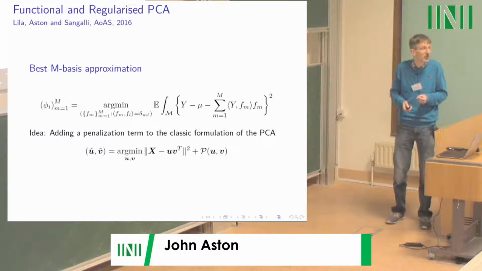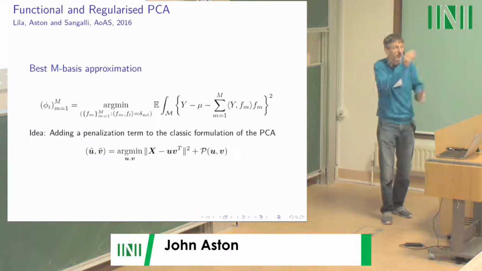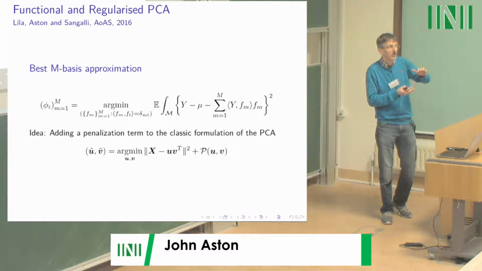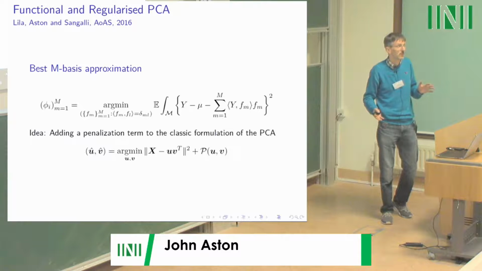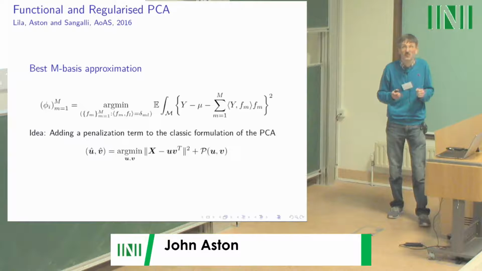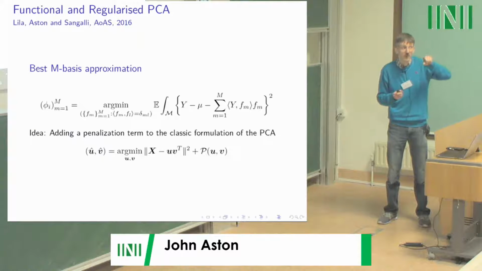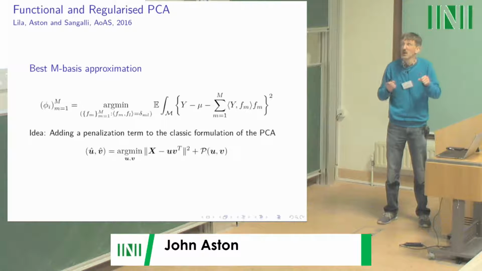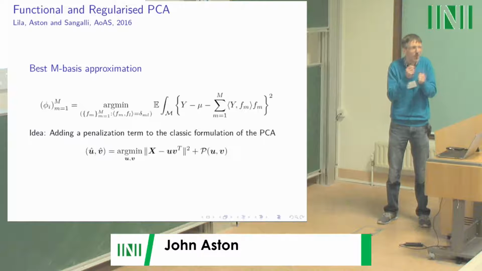If you think about principal components on a multivariate vector, I can scramble the entries of the vector around, and I still get the same principal components out. That doesn't sound right if I'm talking about surfaces. I showed you that some points are close to each other in the surface, other points are far away. I need somehow to say that they're not all the same.